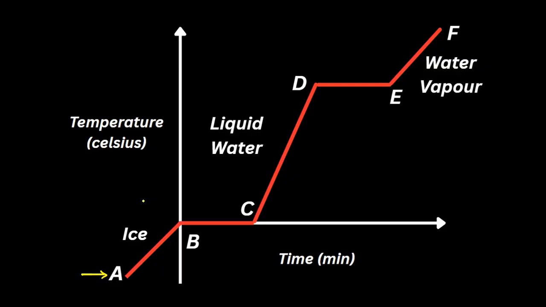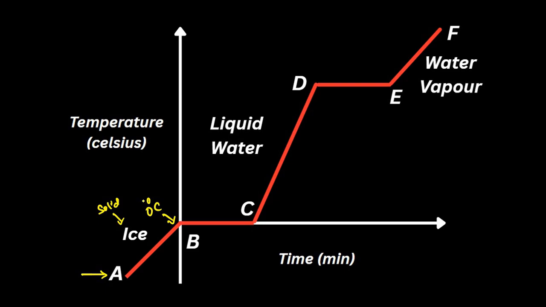As we started heating, the ice was still in the solid phase, and the temperature started to increase till it reached 0 degrees Celsius. I always say this is a special temperature when it comes to the ice, water, vapor transition. At this temperature, the ice is still in the solid phase. Now what happened? The temperature remained constant.